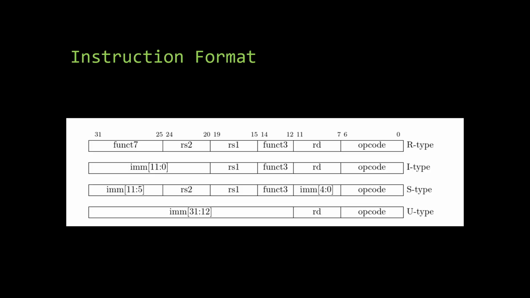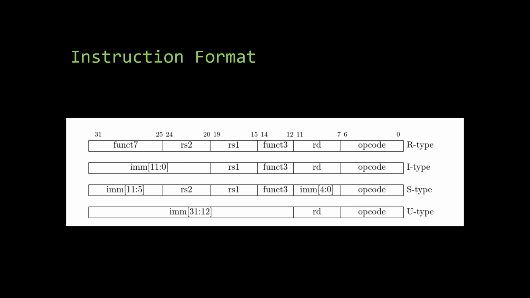So this is an example of the instruction format for RV32I. You can see there's 4 types here. You have R-type, I-type, S-type, and U-type. And to write down these instructions simply, on the right side here, through bits 0 through 6, you have the opcode, and that tells the machine, hey, this is the type of instruction that I want to execute.